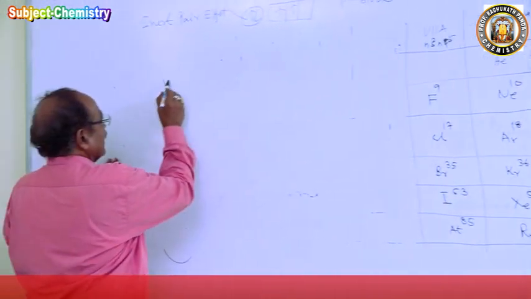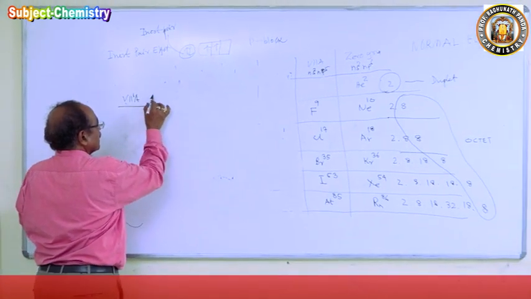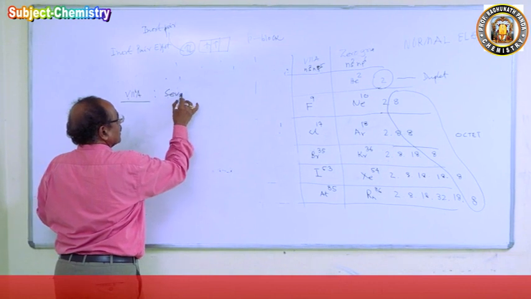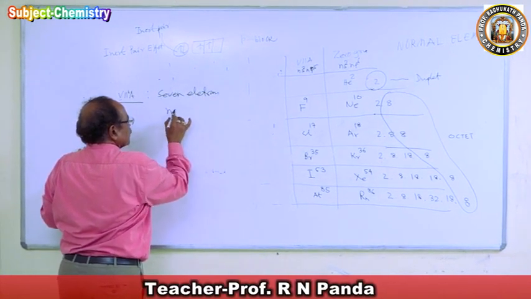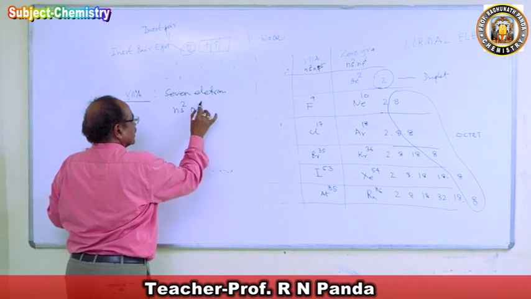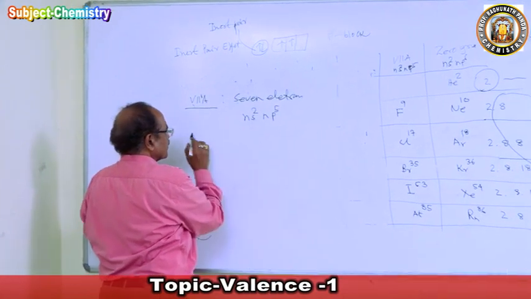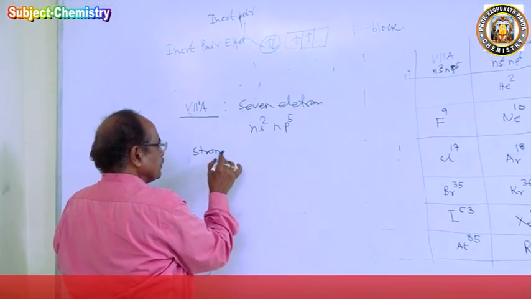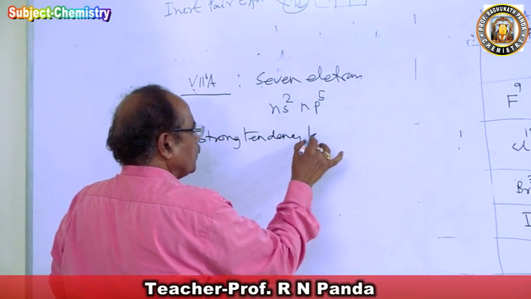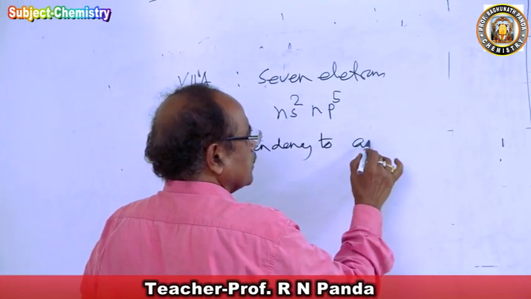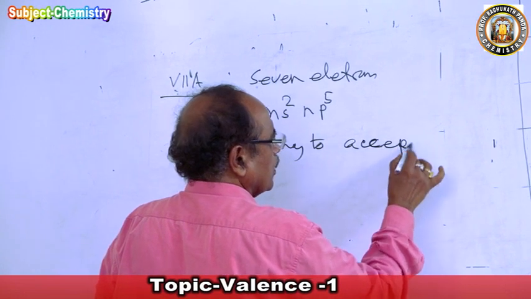So group 7A elements have 7 electrons in their outermost shell, that is ns2 np5. If they take 1 electron, they become 8. So they have a strong tendency to accept an electron.